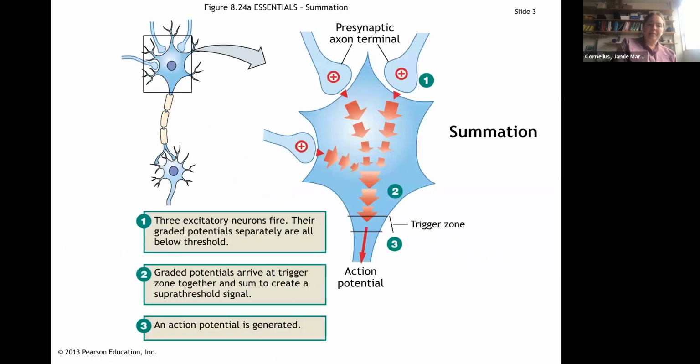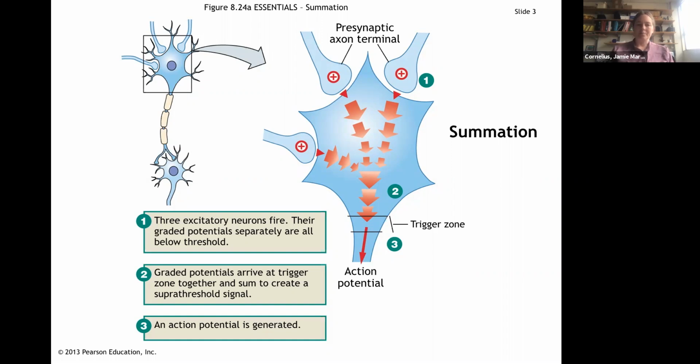Okay, so when we have multiple neurons synapsing onto the dendrites of a single postsynaptic neuron, each of those inputs will have a different impact on the cell's overall output and whether or not it reaches threshold.